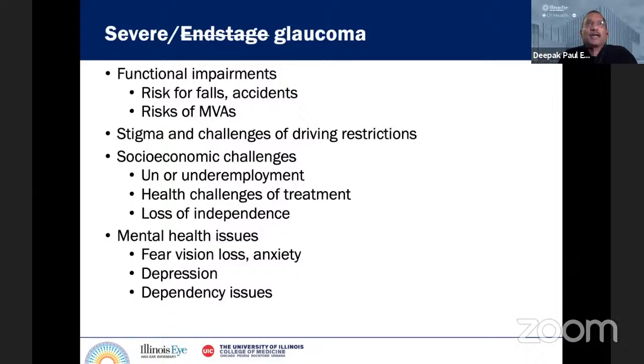There are socioeconomic challenges, such as unemployment, health care challenges, loss of independence, and of course, a wide variety of mental health issues, including fear of vision loss, anxiety, depression, and patients often get dependent on different types of chemicals, alcohol, to ease their fears and anxiety.